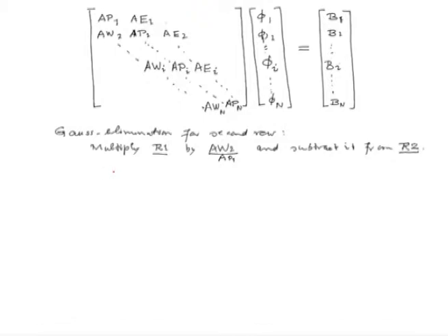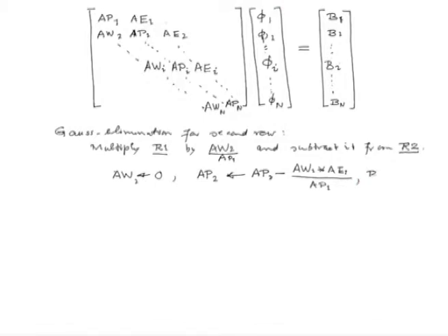So, what we get as modified entries is that AW2 becomes 0 and AP2 is now assigned the existing value of AP2 minus AW2 into AE1 divided by AP1. Our right hand side will also get modified in the same way, because we are performing the same row operation on the load vector as well.